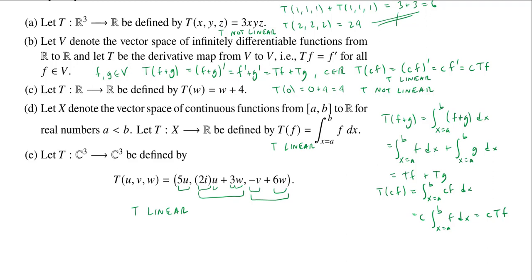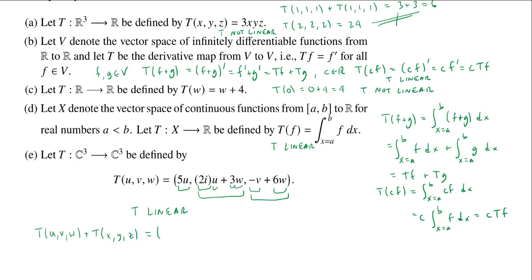Now we could go through, right, and test these. So I'll do one of them, show you what it's going to look like, and I'll let you do the other. So let's assume that we have T of (u, v, w), and then how about we'll add to that T of (x, y, z).